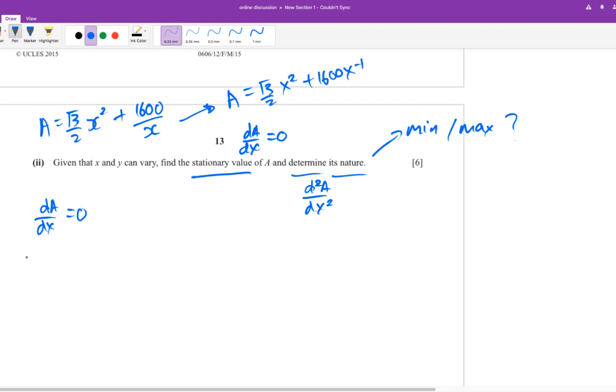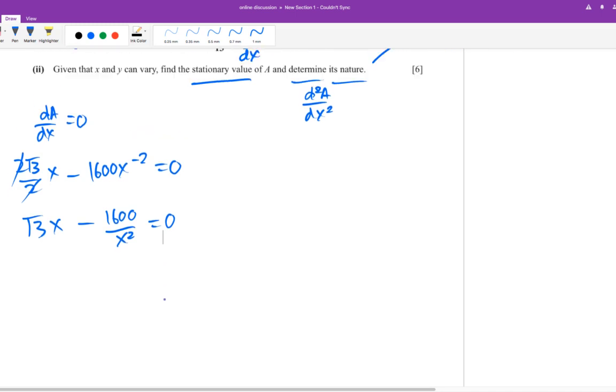I'm going to differentiate from there. So I will get 2 surd 3 over 2 x minus 1600 x to the power of negative 2 equals 0. Then 2 and 2 simplify. So surd 3 x minus 1600 over x squared equals 0. Then we solve this one. Surd 3 x equals 1600 over x squared.